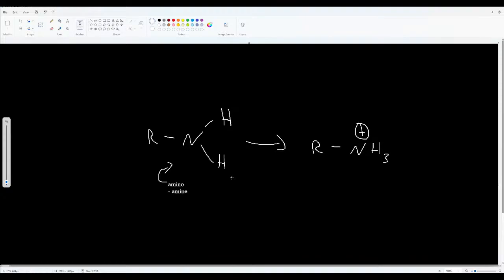So, I hope that was clear. In any case, this is what's happening with an amino group, which we're going to look at more later when we talk about amino acids. Just what's happening here with the protonation and the fact that it's becoming positive. So, those are your functional groups. And like I said about the carbonyl group, you really only have to recognize the two carbonyls.